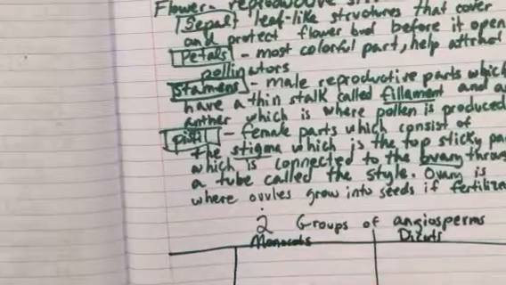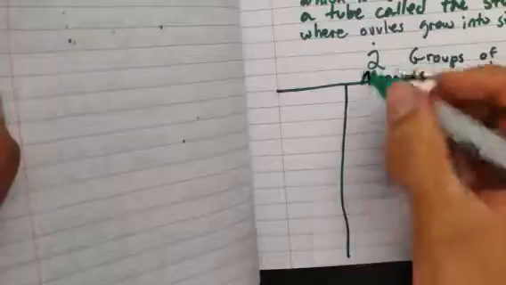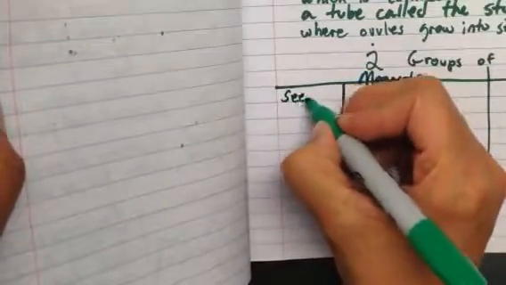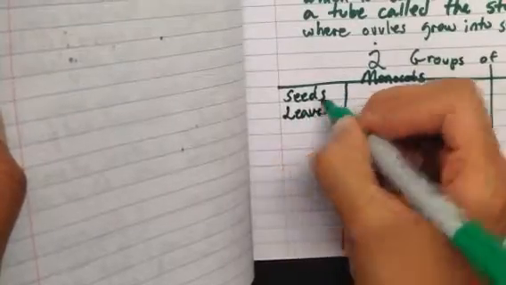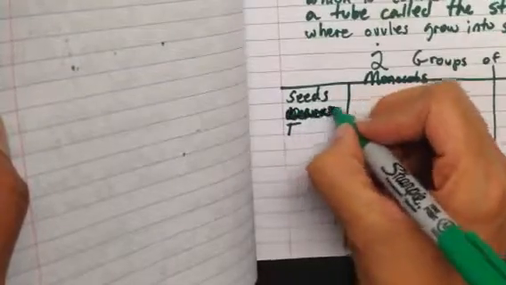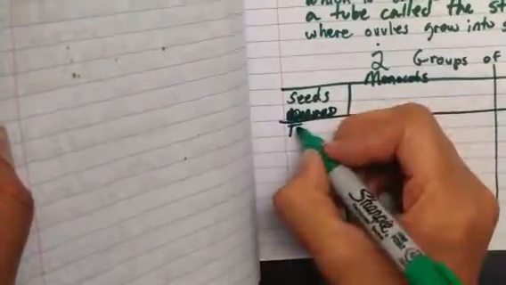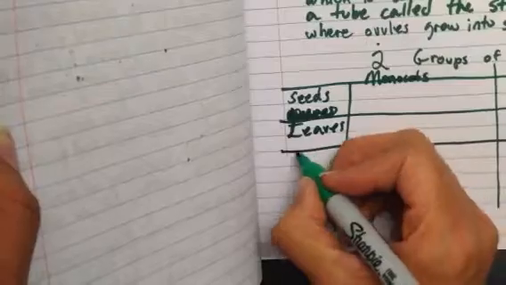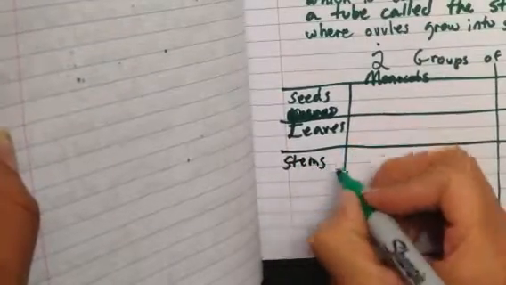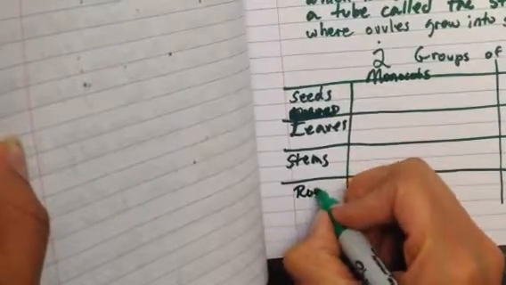And we are going to look at their seeds, their leaves, their flowers. Actually, you know what? I'm going to make a little space because we'll probably need a little bit more of that. Their seeds, their leaves, their stems, and roots.